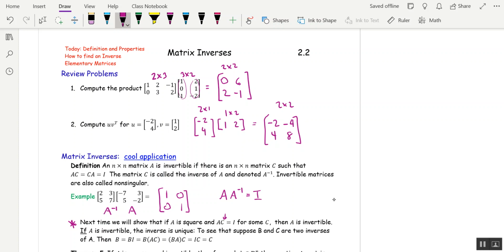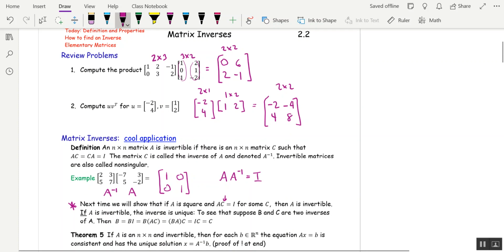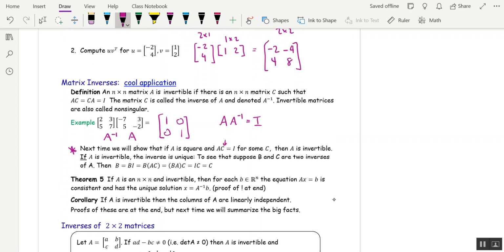And inverses are unique, and you can read that. There's a proof right there. You can read through that on your own. I'm just going to star this theorem here, theorem 5. If A is invertible, then the equation AX equals B is consistent for each B, and here's the unique solution.